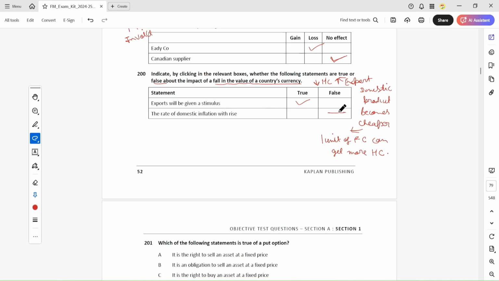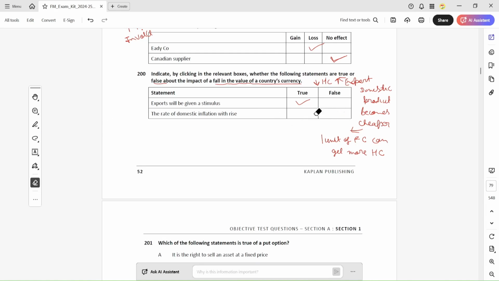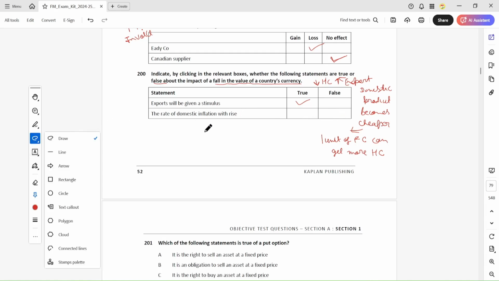The rate of domestic inflation will rise. No effect? Sorry, my bad. So the rate of domestic inflation will rise. This is right. This is purchasing power parity.